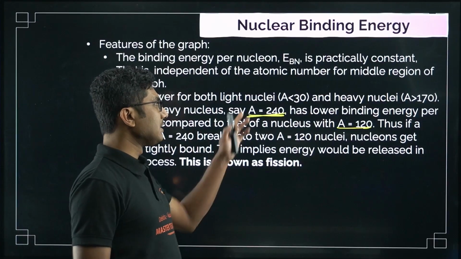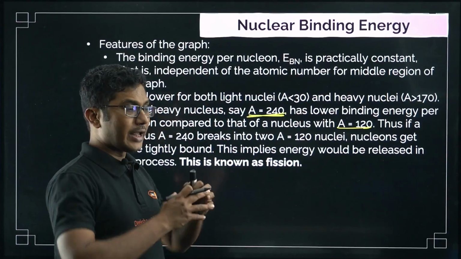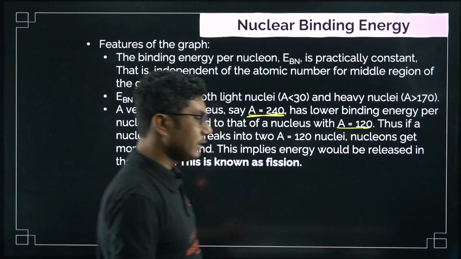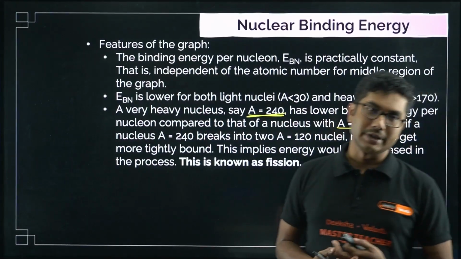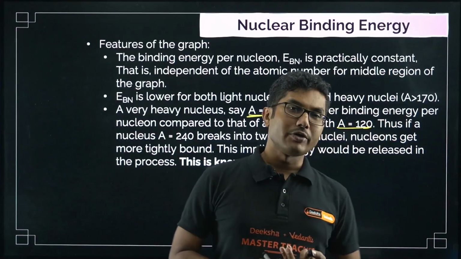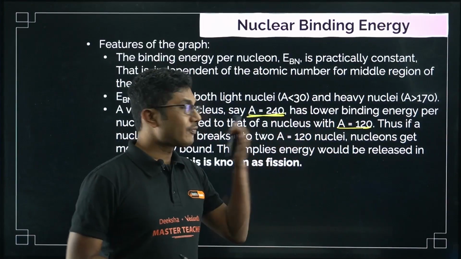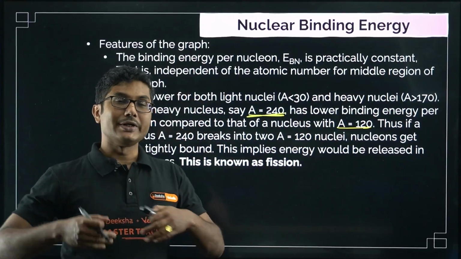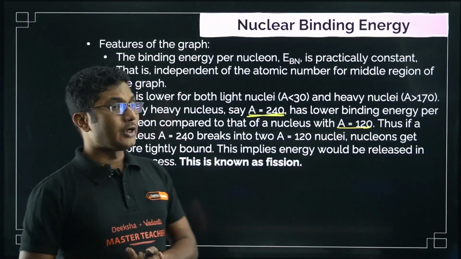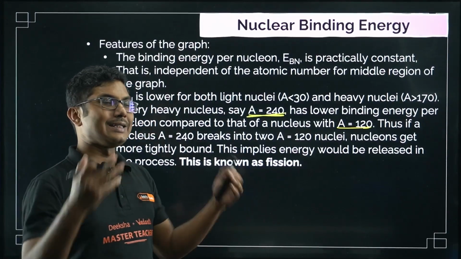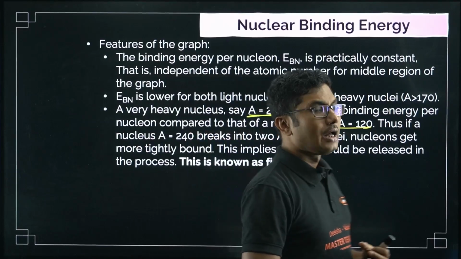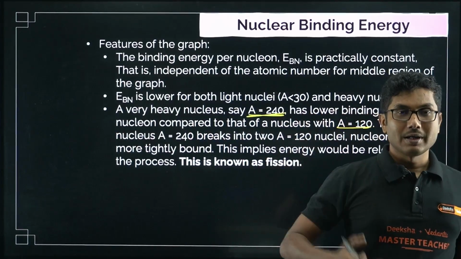If this nucleus breaks into two smaller nuclei to attain more stability, everyone wants to attain more stability, right? The binding energy per nucleon was smaller for the heavy nucleus, but when it reaches A equals 120, the binding energy increases. If binding energy increases, you can consider that the extra energy is released.